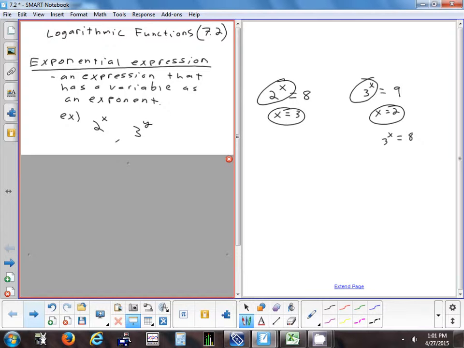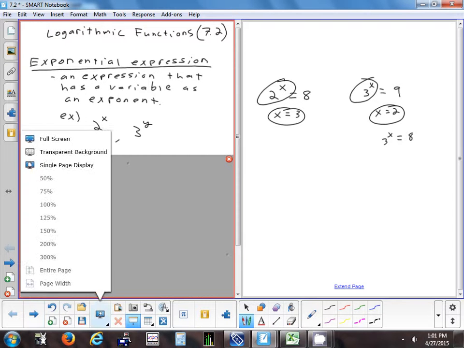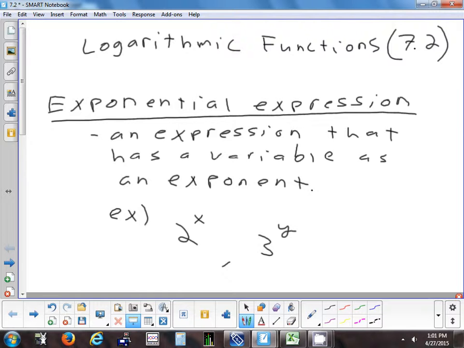Any expression that has a variable as an exponent is an exponential expression. And I put a couple examples, 2 to the x, 3 to the y.